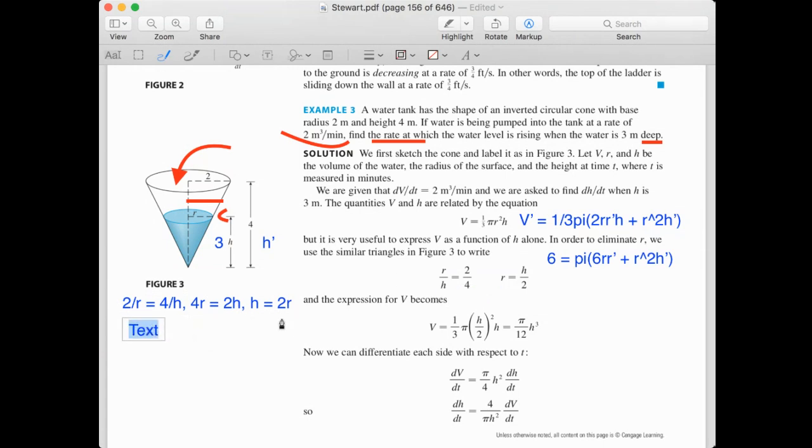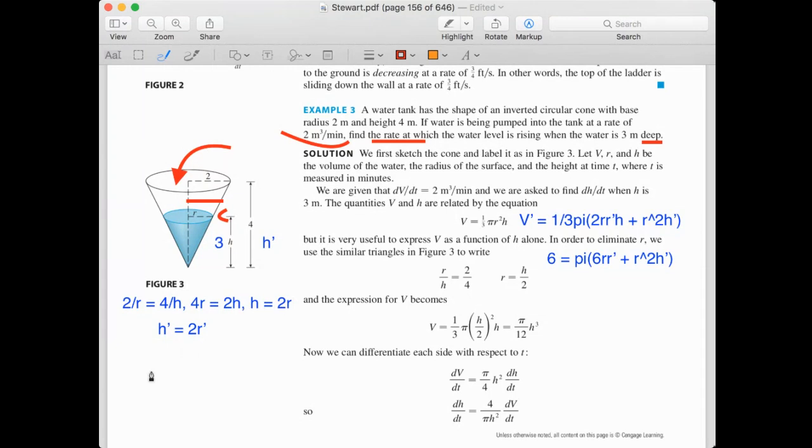So I use implicit differentiation, take derivatives of this. So I get h prime equals 2r prime, right? The derivative of h is 1 times h prime. Derivative of 2r is 2 times r prime. So rate of change of r, h prime equals 2r prime. Okay, so I have these two relations.